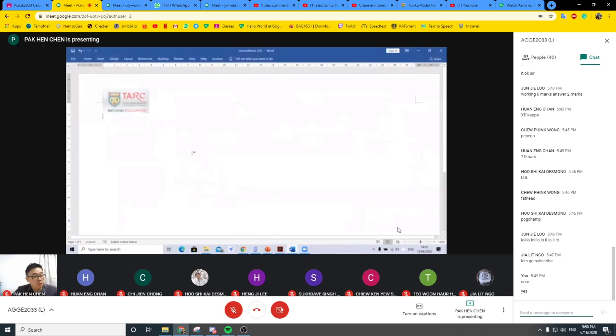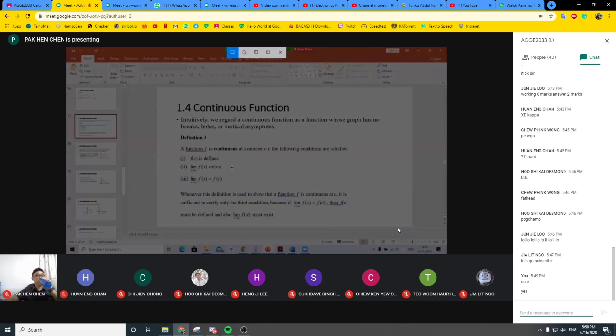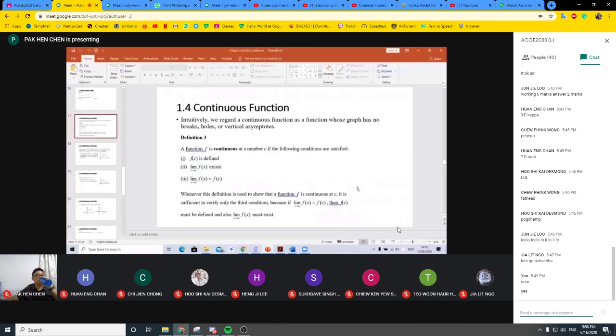So from what we have, the definition of number 3 here of the lecture notes: a function f is continuous at c if a number of conditions defined as below are met. First, f(c) must be defined, together with the limit must exist.